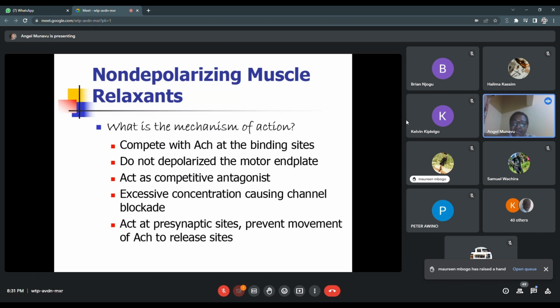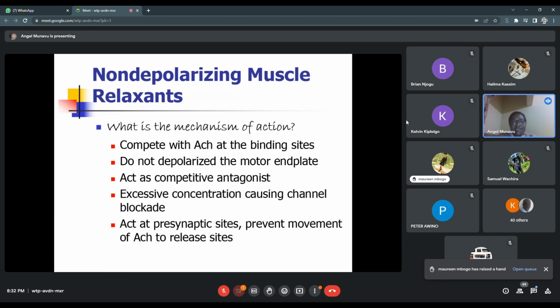It's a way like when you wake up in the morning on Friday and you find the nursing students in your class, you know that the nursing students compete with you for that lobby. Yes, but you are different. Maybe we can compare the non-depolarizing muscle relaxant to the nursing students.